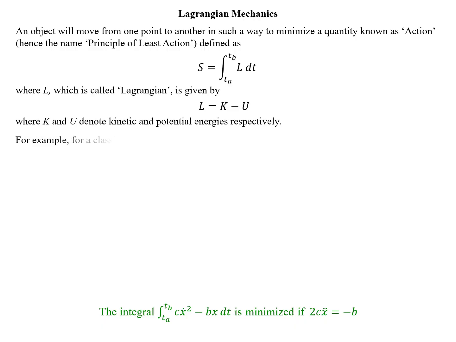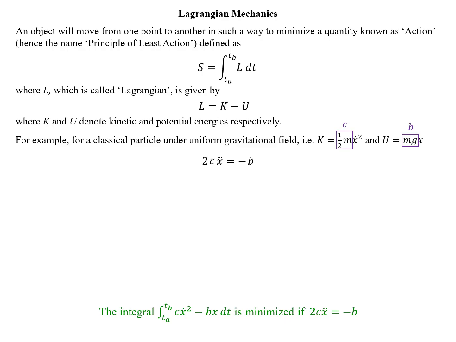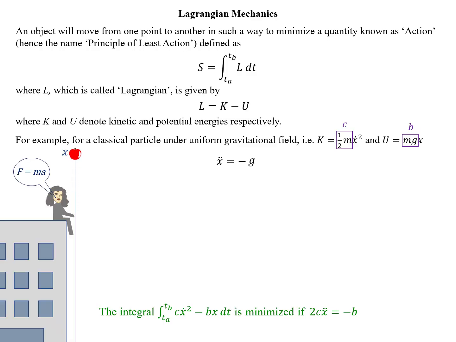For example, for a classical particle under uniform gravitational field, K equals 1/2 m x dot squared and U equals mgx. We can see that in this case, c equals 1/2 m and b equals mg. So the equation 2cx double dot equals minus b becomes x double dot equals minus g, which is consistent with Newton's second law.